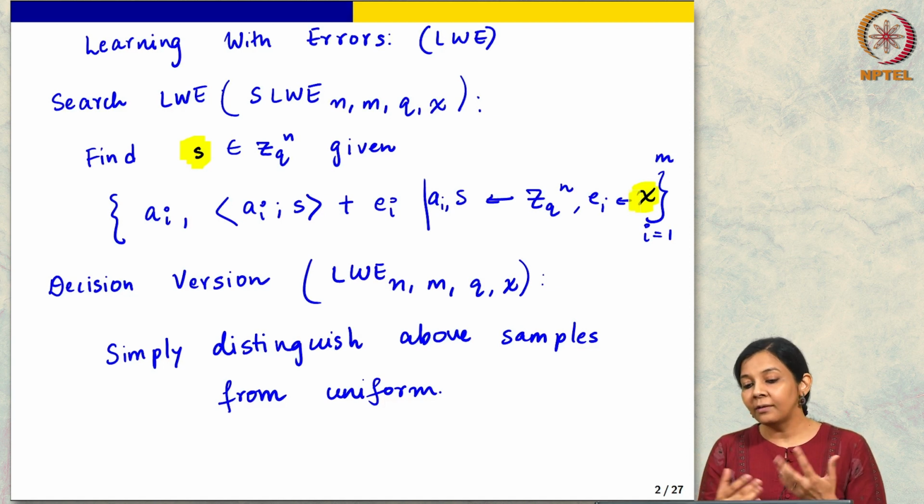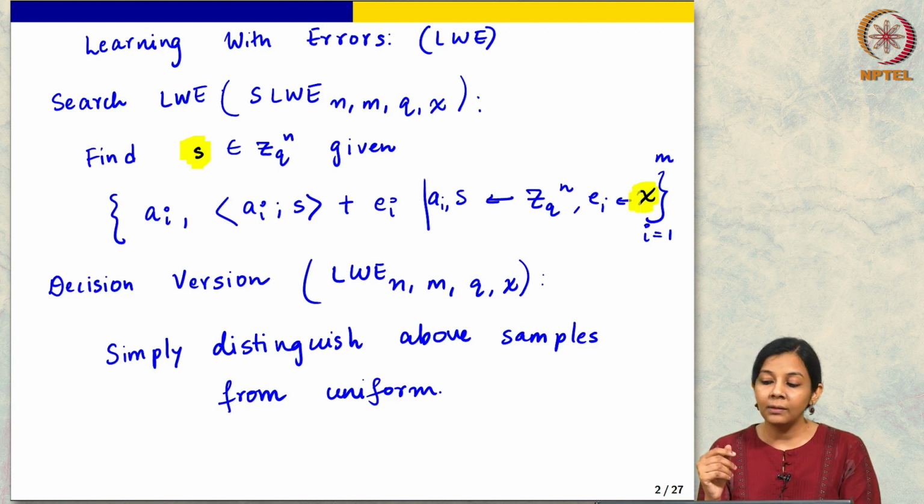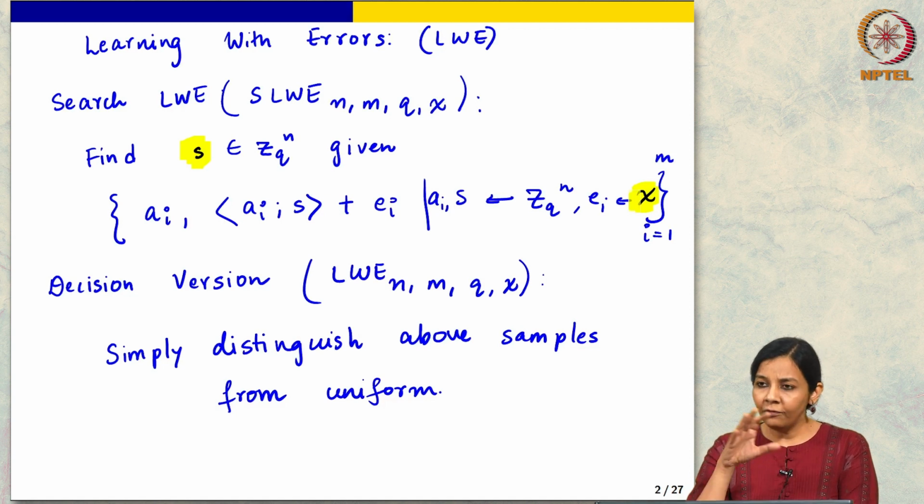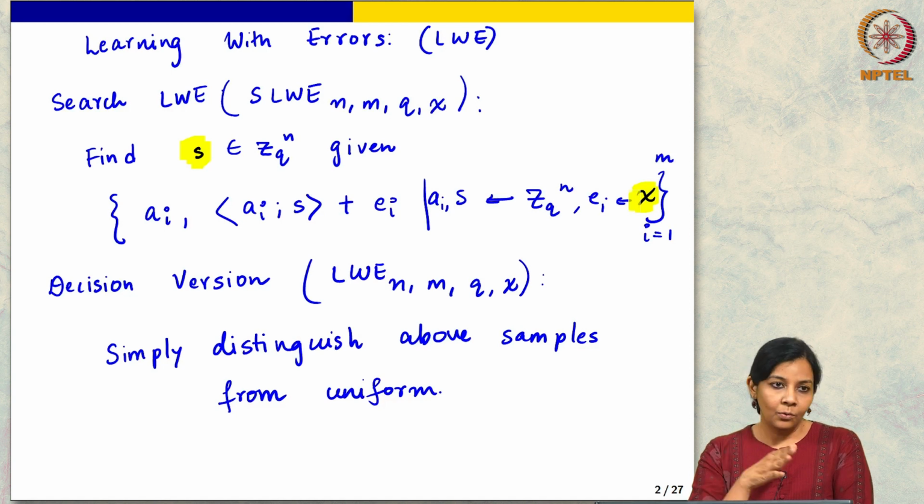And in fact, since I have already said so much about it, it will turn out that the nicest distribution here that works is a so-called discrete Gaussian distribution. I am not going to define it in this class, at least that is not my plan, we will see. Just think of a Gaussian distribution, but discretized over integer points.